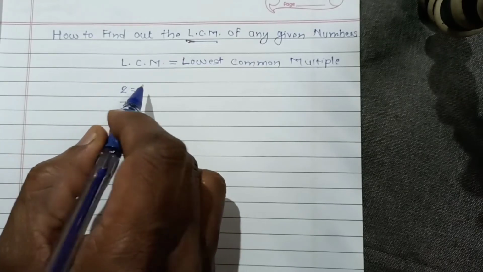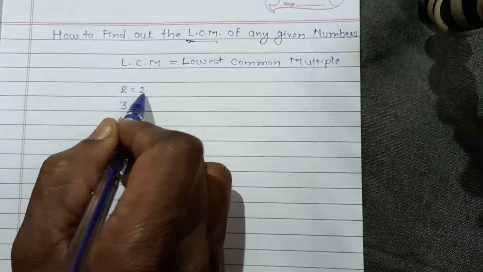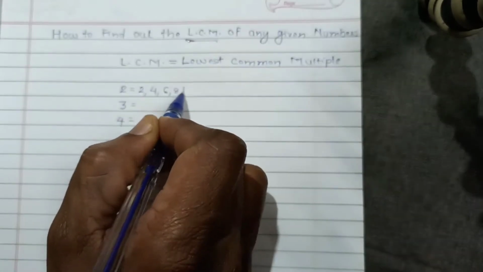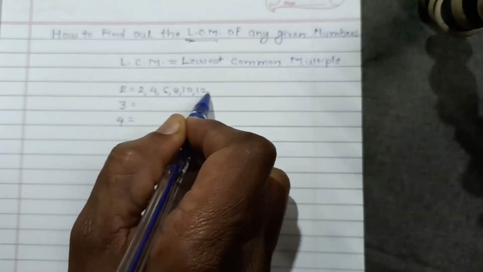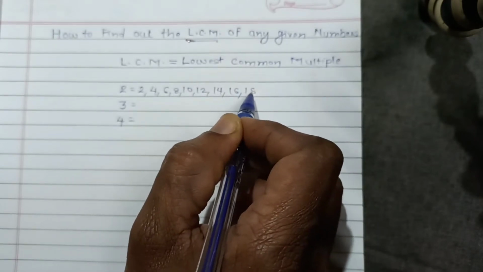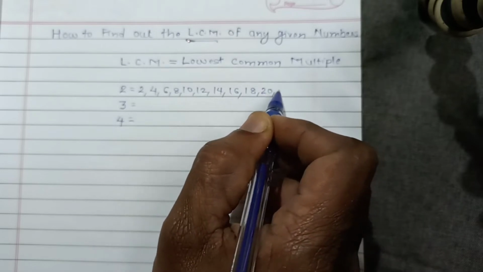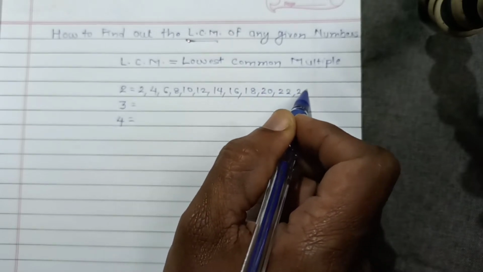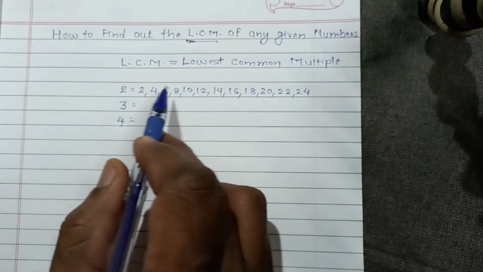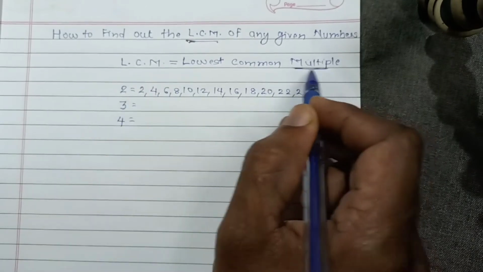So let me write the first table of 2. These are the table of 2 and these all are multiples of 2.